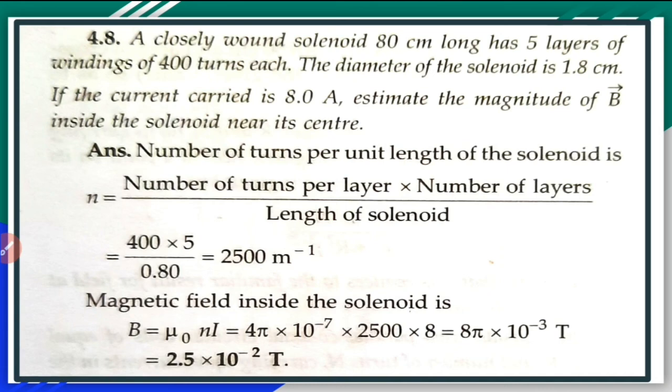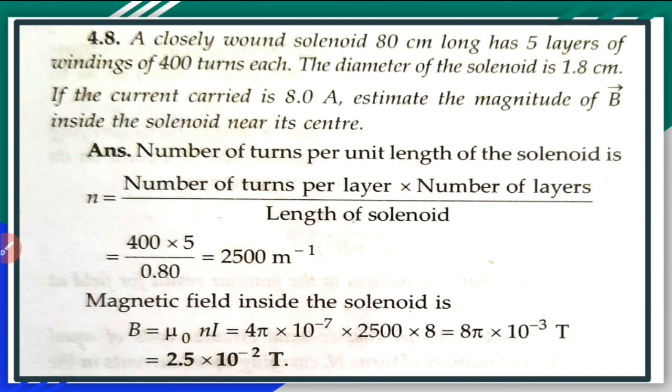So it's given solenoid length is 80 centimeter, means 0.8 meter, and it has 5 layers of windings, 400 turns each. There are 5 layers and each layer is having 400 turns.